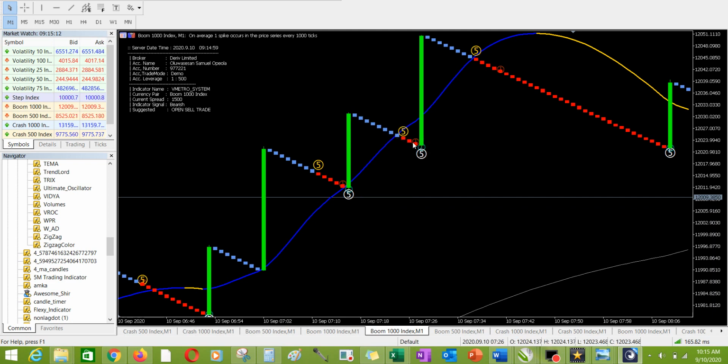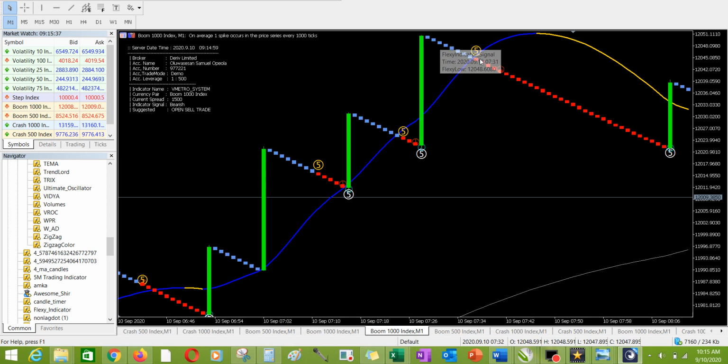Check out here, it got broken here, but not for long. It spiked again because after breaking off, it didn't change from blue to yellow, so definitely it's going to spike. It spiked again, but that should prepare you for the next breakout, because once it breaks out next, then you should expect it to go down for a very long time.